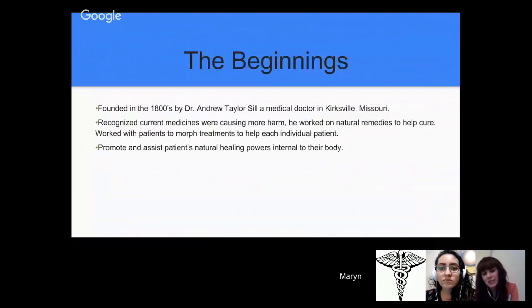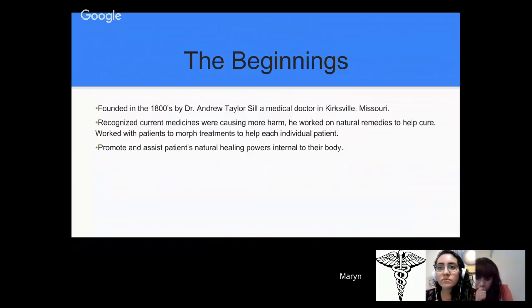Next. So it was founded in the 1800s by Dr. Andrew Taylor Still, a medical doctor in Kirksville, Missouri. He recognized current medicines were causing more harm. He worked on natural remedies to help cure.